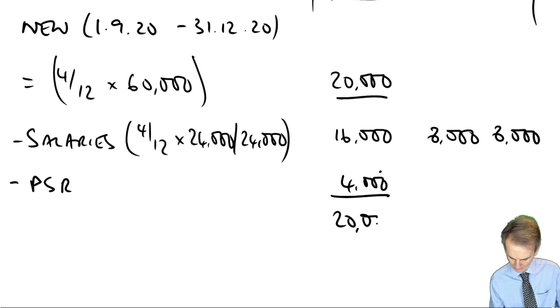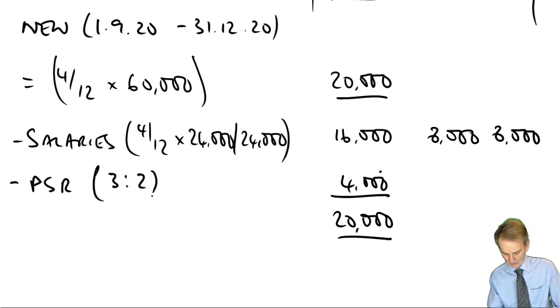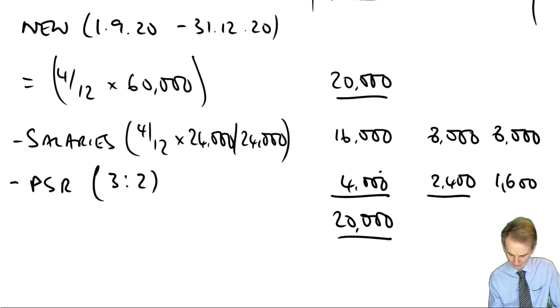That means you end up with a balance of 4,000 out of the total of 20,000 here to split in the profit sharing ratio, and that revised PSR was 3:2. So divide the 4,000 by 5 and split it 3/5, 2/5, and that therefore will, I think, be 2,400 and 1,600 respectively.